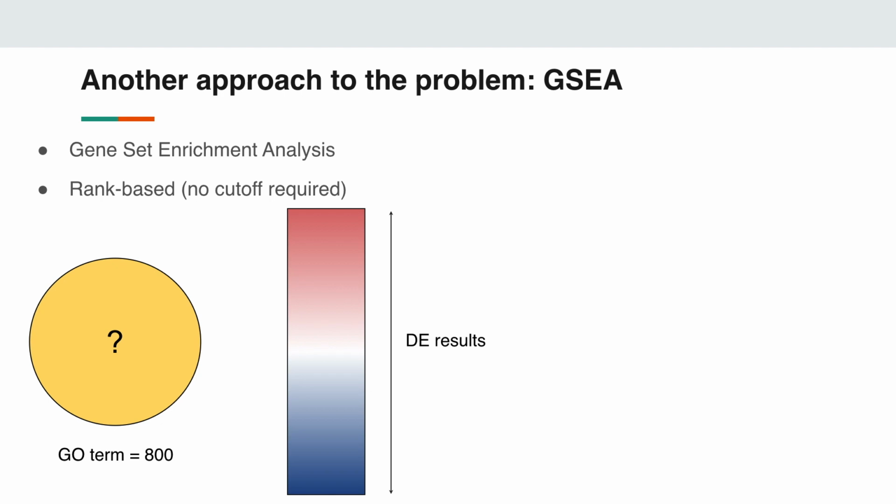So in this 15,000 gene list, ranked by highest fold change in your experimental condition to lowest fold change, you're going to look for genes that belong to a particular GO term, and if they are skewed in their distribution of your ranked list. So is there an overrepresentation of genes that belong to this GO term in genes that tend to be induced in your experimental condition or downregulated?